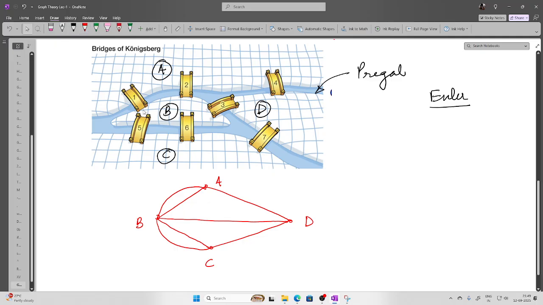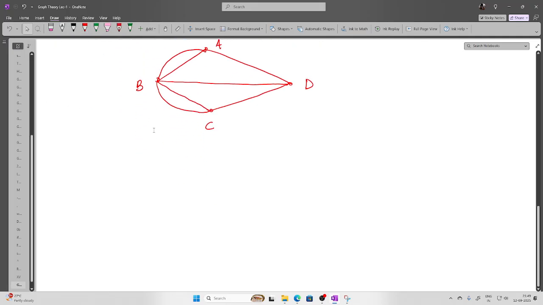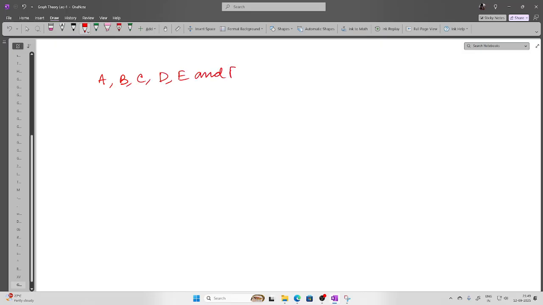So let us again try to understand how we can draw a graph. Consider a party where, let's say, there are A, B, C, D, E, and F. In total, three and three, six people are there in the party.